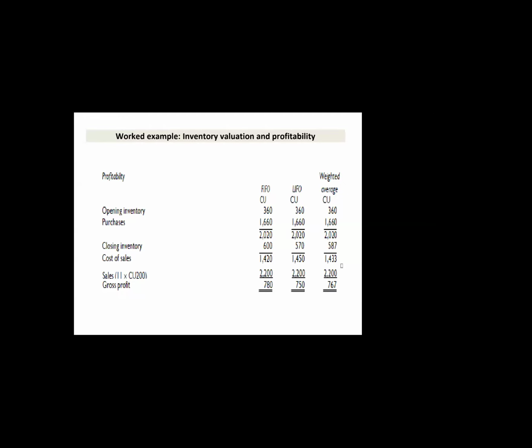Under FIFO, value of inventory is 600 and our profit is 780, highest. Second highest is weighted average method, where value of inventory is 587 and profit is 767. And the lowest value of inventory is under LIFO, 570, and our profit is 750.